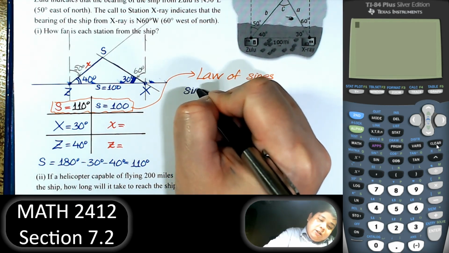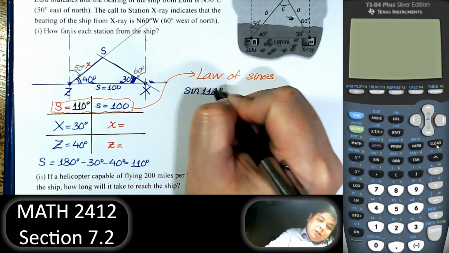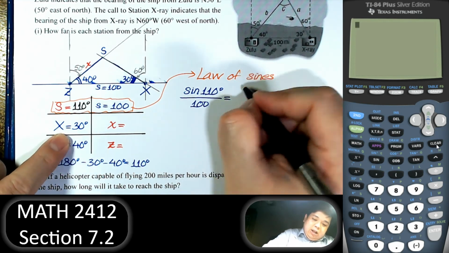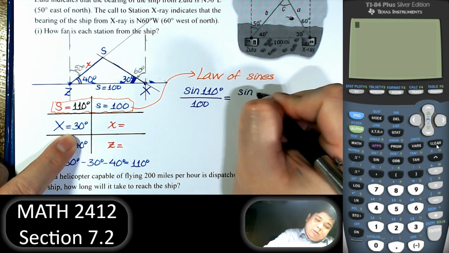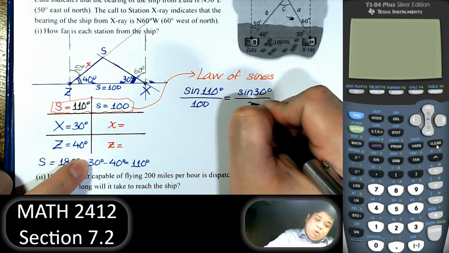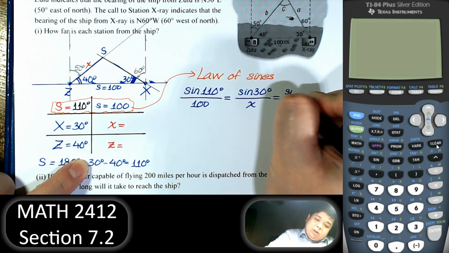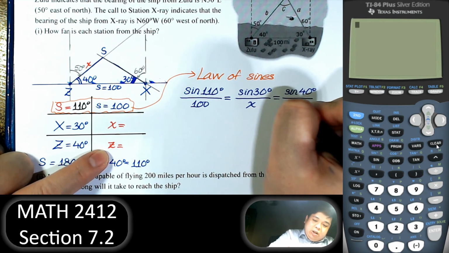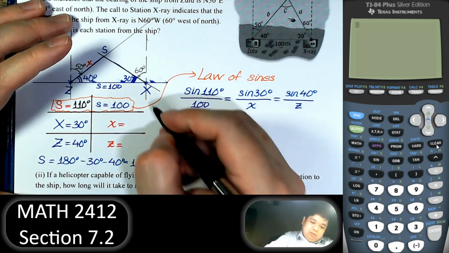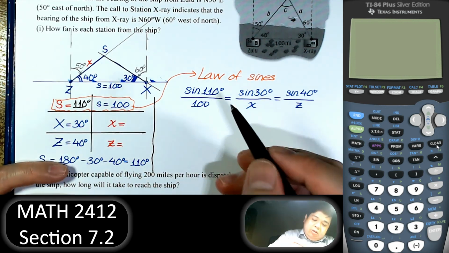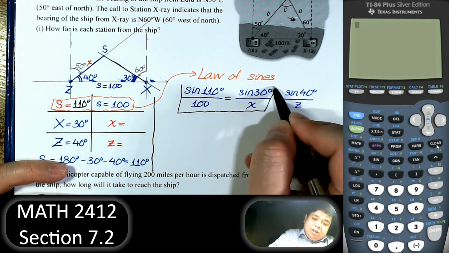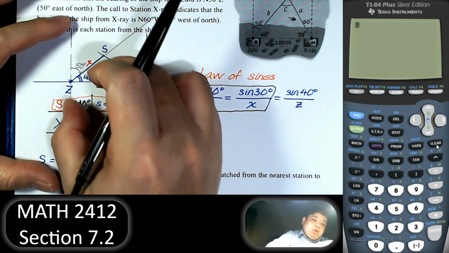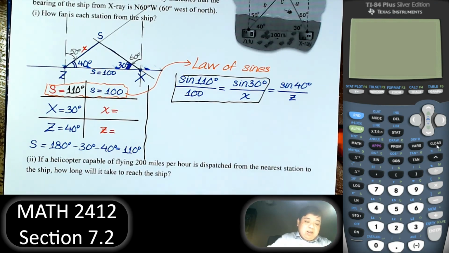So sine of 110 degrees over 100 is equal to sine of 30 degrees over x, which we don't know, or sine of 40 degrees over z, which we don't know. By the way, what is the question? How far is each station from the ship? So pretty much we are asked to find x, and we are asked to find z.